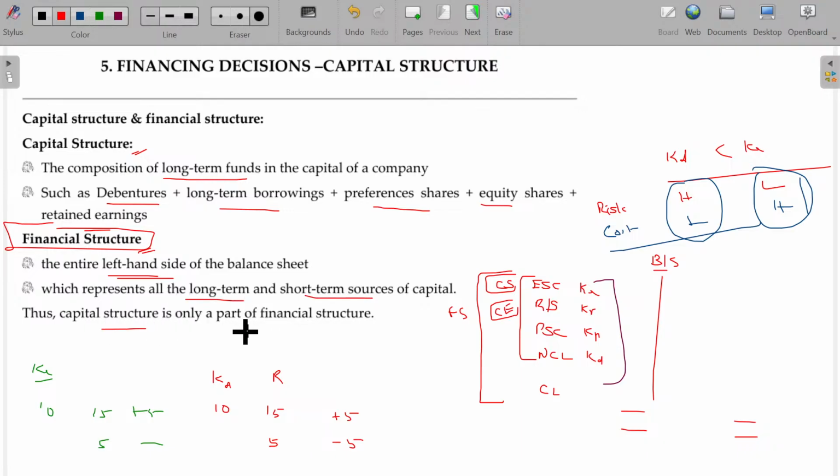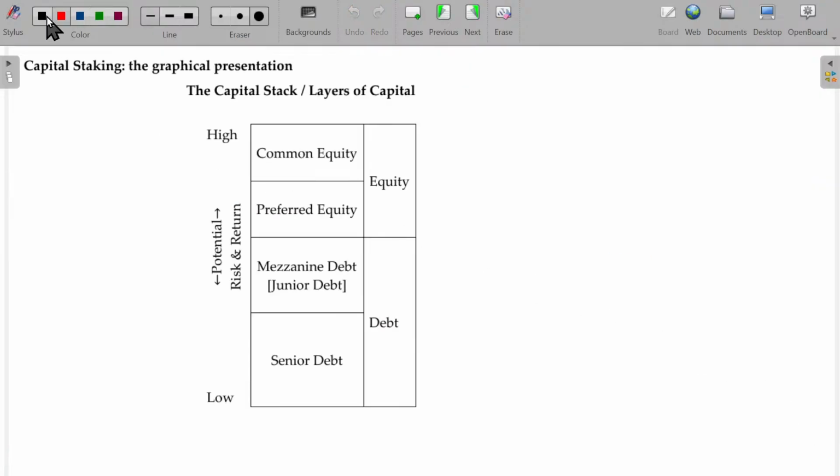Thus, capital structure is only a part of financial structure. So, only a part. Okay, financial structure, in that the capital structure being a part, another being current liability structure. Is that okay? So, already I told you. Okay, so we have the equity and debt. If the equity portion is high, then what happened? Your risk is also low. Your risk is low.